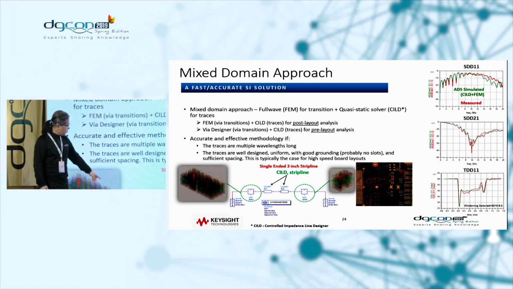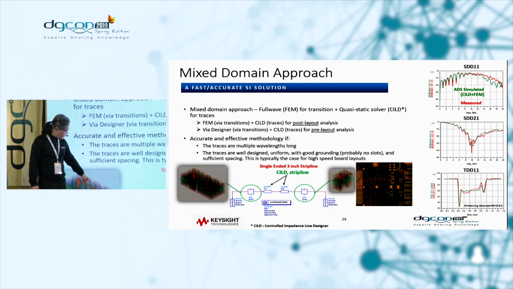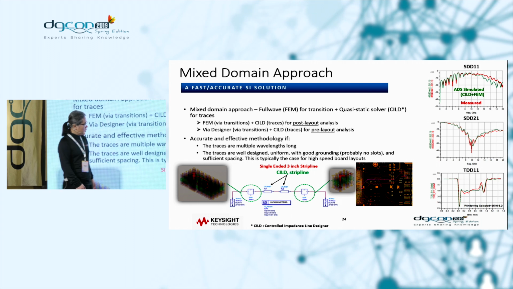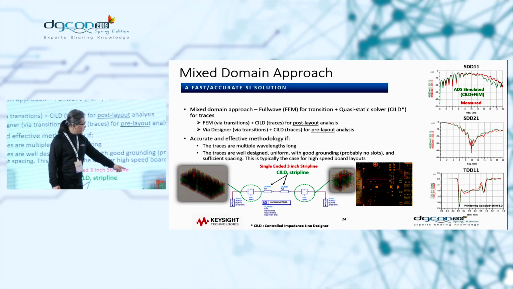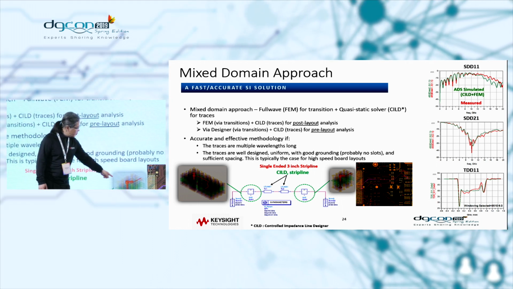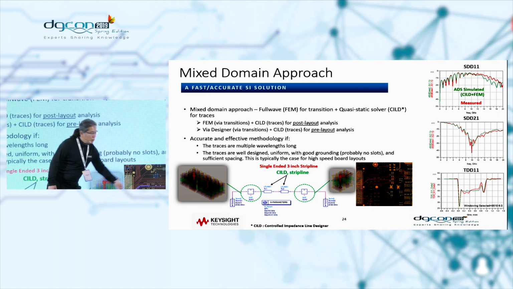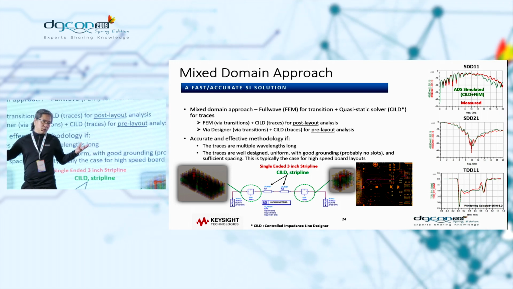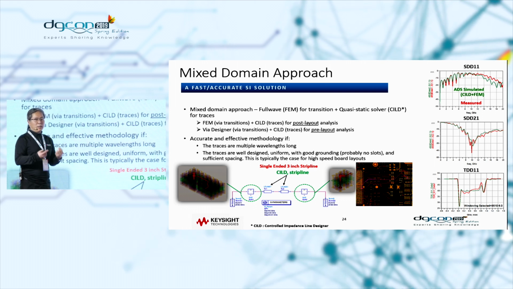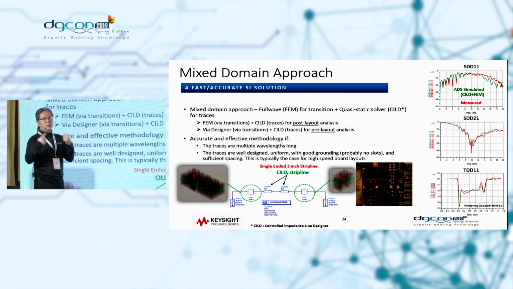So here's an example. This is one kind of case. If you look, this is a TDR application, DQ lines. The line length is pretty long, starting from here to there. The line length in between is about 3 inches, and then at input and output there are via structures.